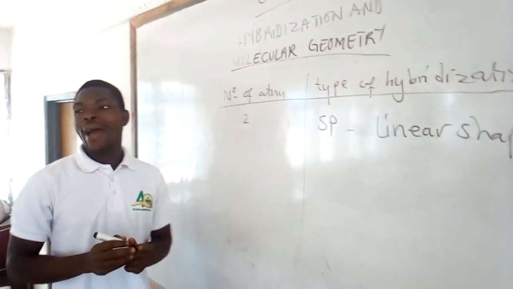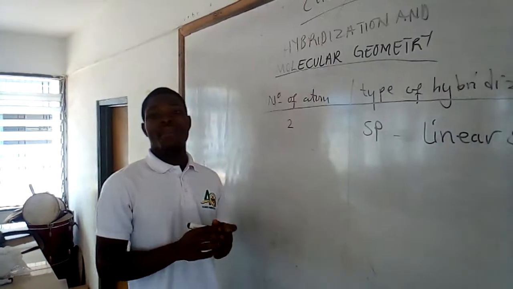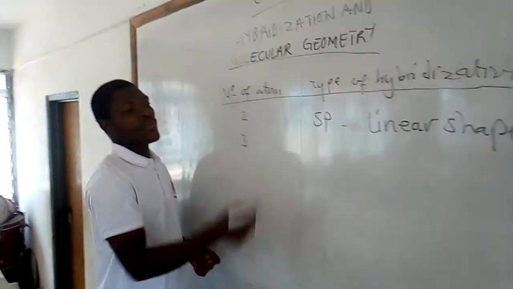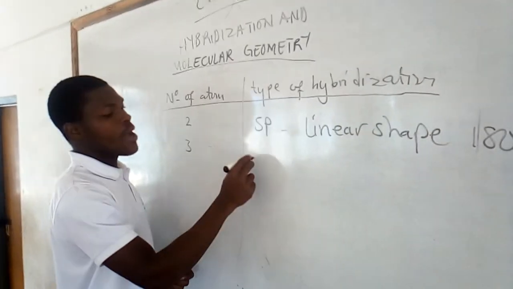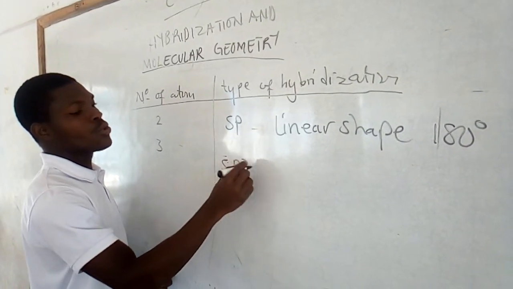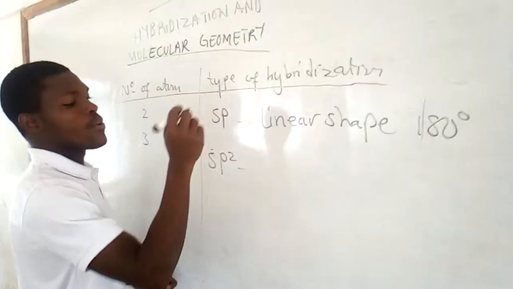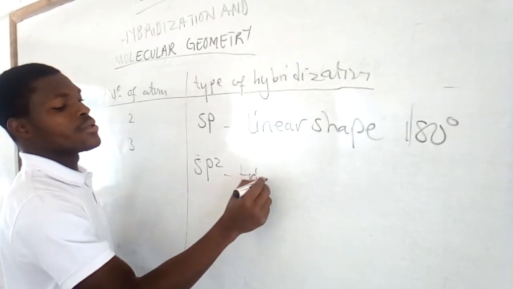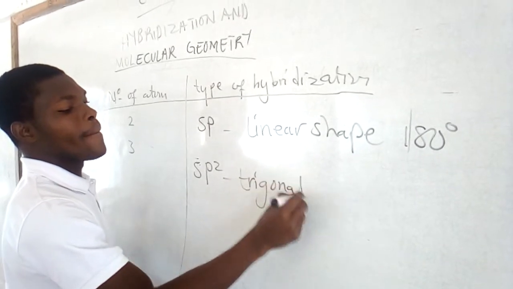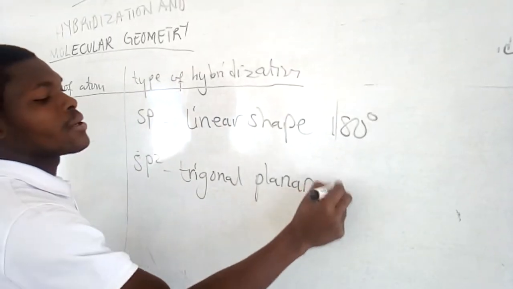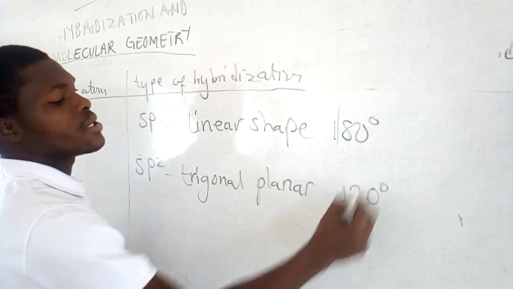When the number of atoms plus the number of lone pairs in a given molecule is 3, it will undergo sp2 hybridization with the shape of trigonal planar and bond angle of 120 degrees.